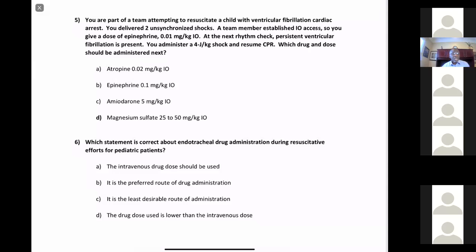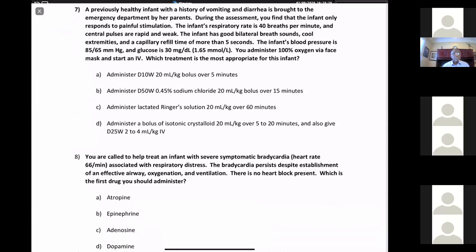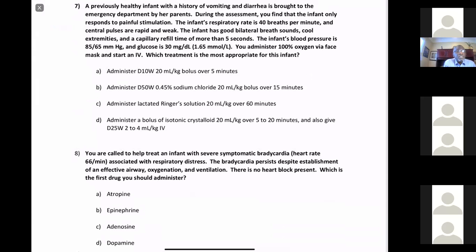All right, so let's go to question 7. A previously healthy infant with a history of vomiting and diarrhea is brought to the emergency department by her parents. During the assessment, you find out that the infant only responds to painful stimulation. The infant's respiratory rate is 40 breaths per minute, and central pulses are rapid and weak.